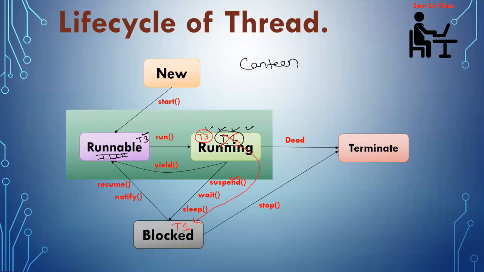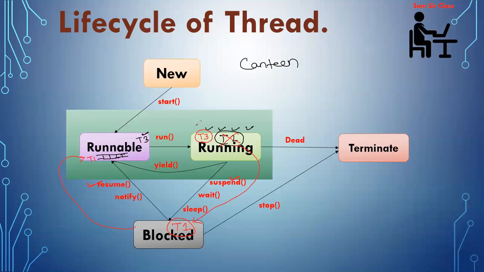Now after the higher priority thread completes its execution, the resume method will be called for the block thread. Now the block thread will again come to the end of the runnable queue. This is the meaning of the suspend method. So due to the arrival of a higher priority thread, the currently running thread is taken out of the running state and enters the block state.